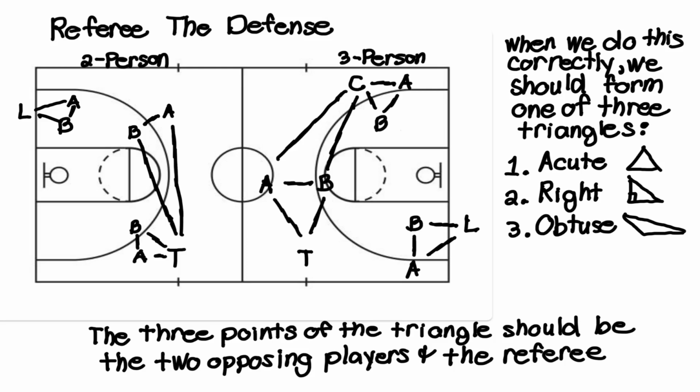When we do this correctly, again, we should form triangles which the points consist of the official and our two opposing players. And if we obtain great positioning or make excellent position adjustments, sometimes we're in a position where we can referee the defense of multiple matchups.